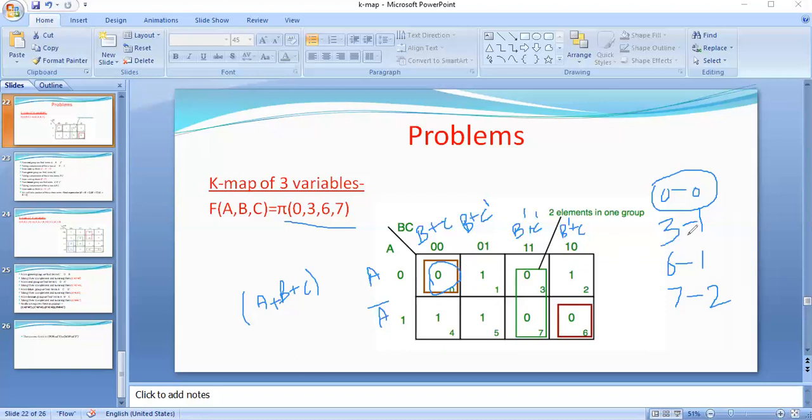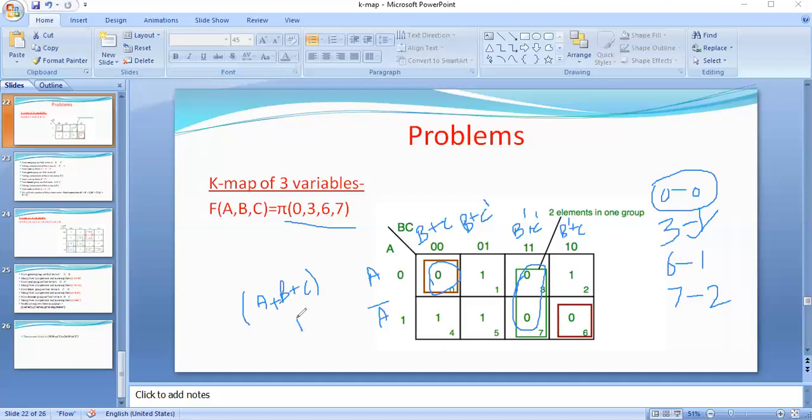And next, here I am taking 3. With this 3, can we group 4 cells? No. There is a possibility of 2 cells only. This 2 cell grouping is called a pair. What are the common terms? Horizontally, there is no common term.